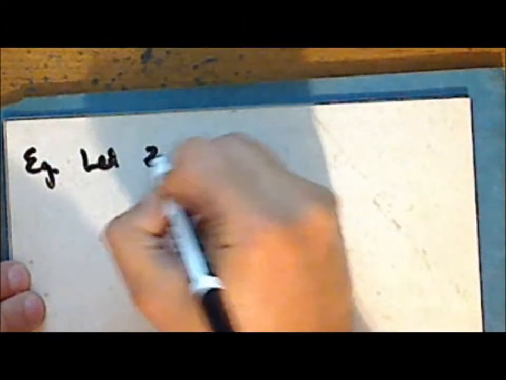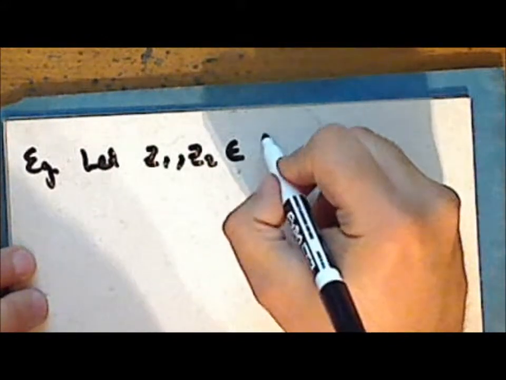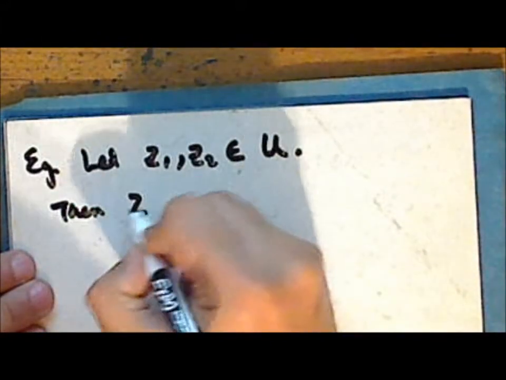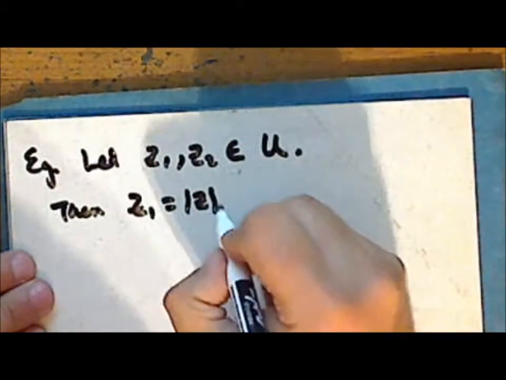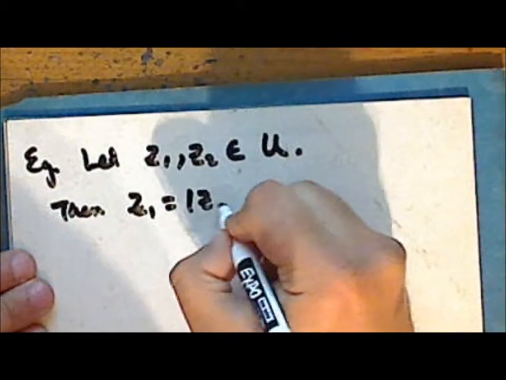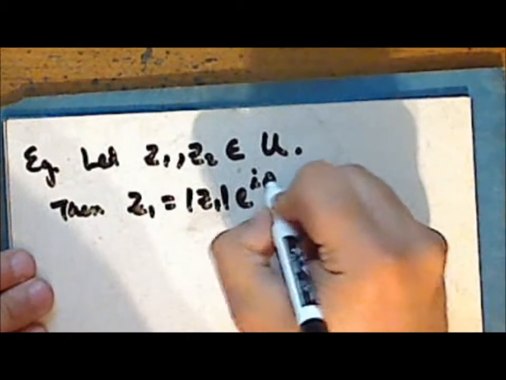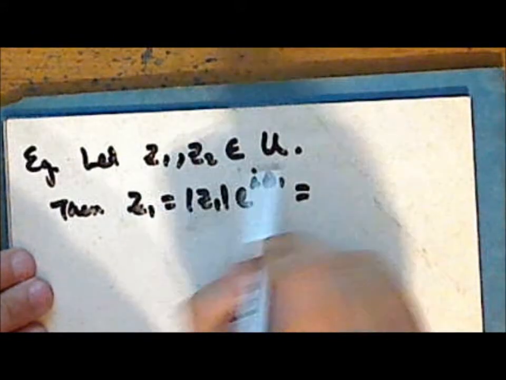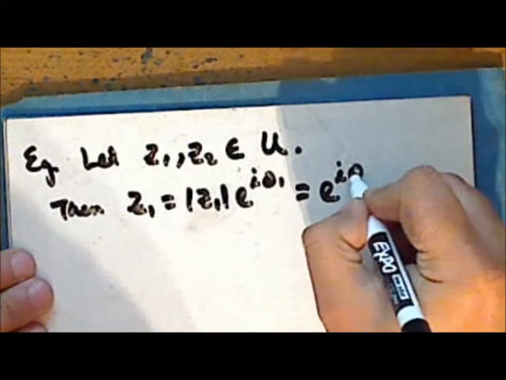Now let Z1 and Z2 be complex numbers on the unit circle. Then Z1 is of the form the modulus of Z1 times e to the power of i theta 1, which, because it is on the unit circle, the modulus is 1, and so it is simply e to the power of i times theta 1.